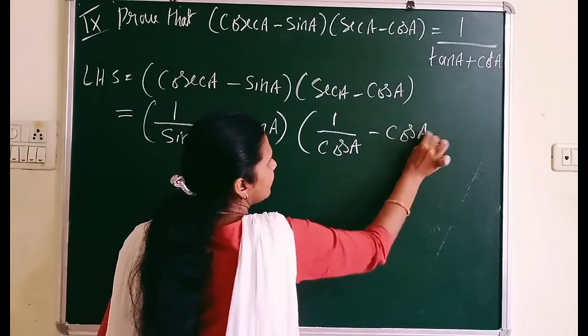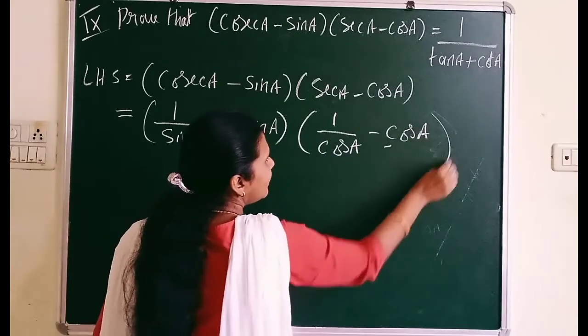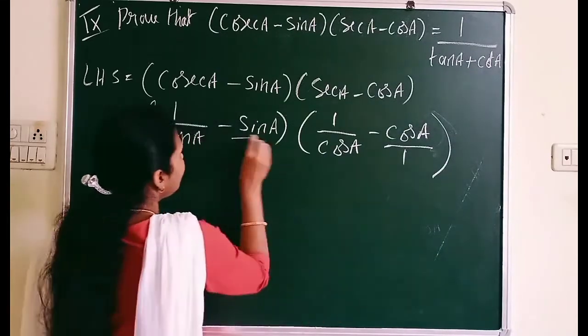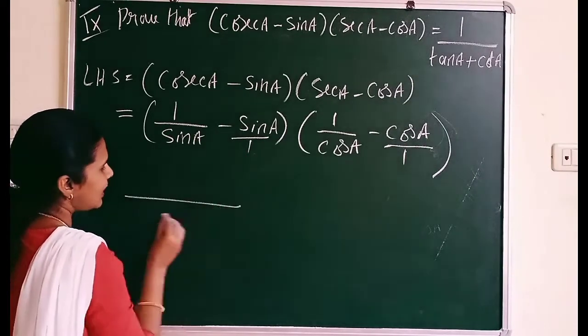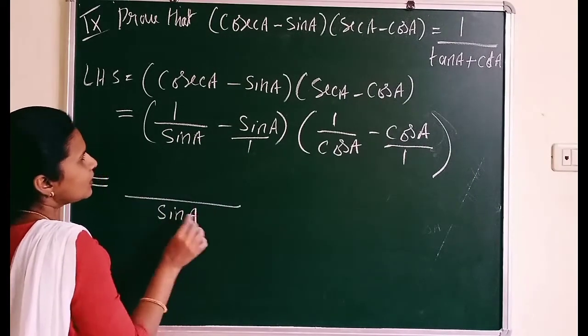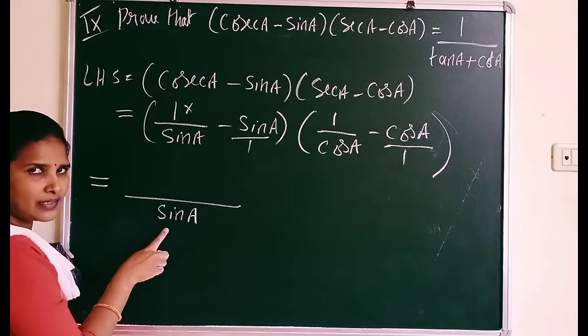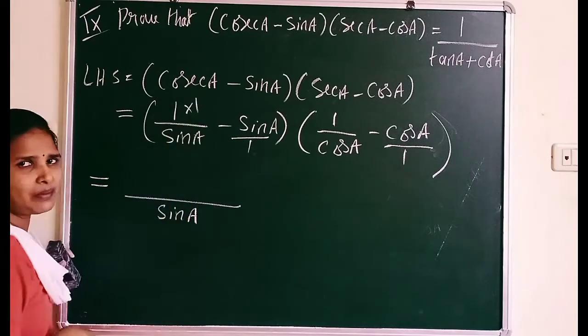minus cos A. Now in both brackets you take the LCM. What is the LCM in the first bracket? Sine and 1, the LCM is sine. Sine is already there, so multiply by 1.